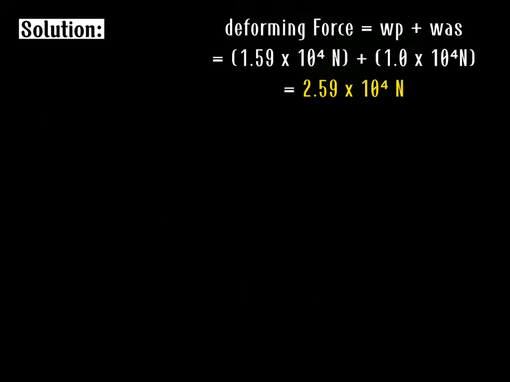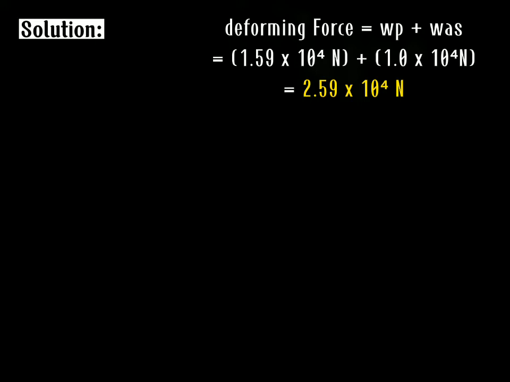The weight of the sculpture is equal to 1.0 times 10 to the power of 4 Newton. So, the normal force on the cross-sectional surface located 3.0 meter below the sculpture, which is the deforming force, is equal to the weight of the pillar segment plus the weight of the sculpture.